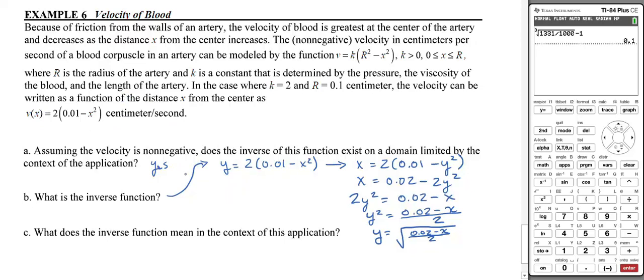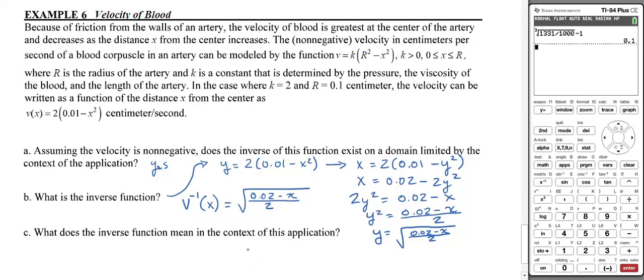So both of those things can only be positive. We're going to say that y is only the positive square root of that. So the inverse function is v inverse of x equals the square root of 0.02 minus x all over 2.